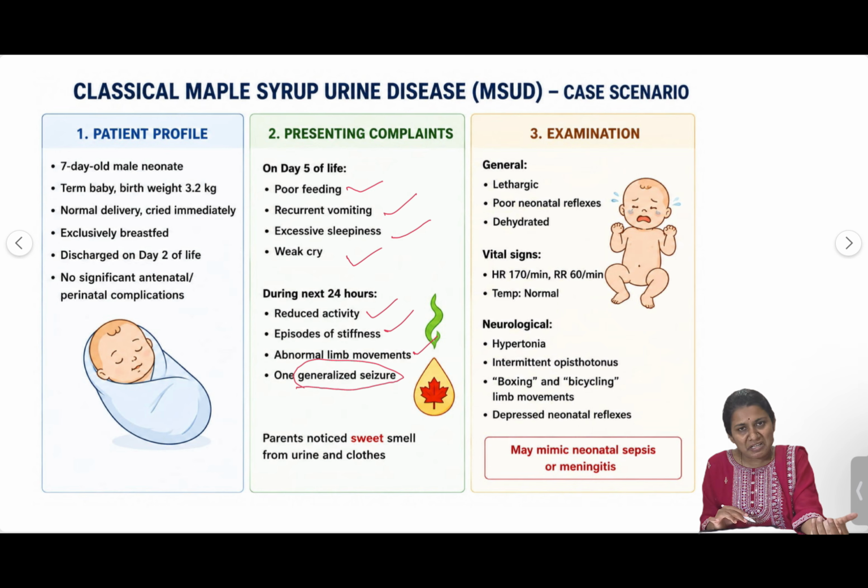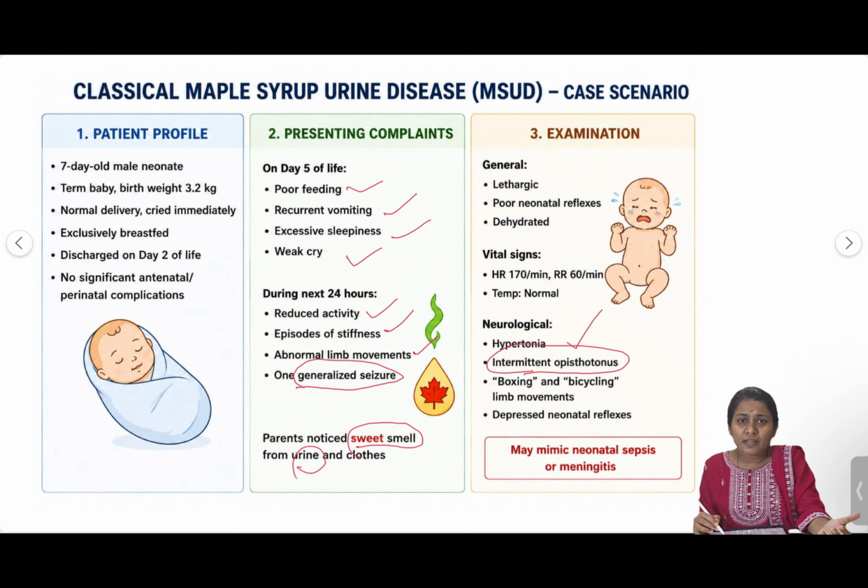By this time, parents also noticed a sweet smell of urine and of earwax. On examination, the baby is lethargic with poor neonatal reflexes. Vitals show mild tachycardia. On neurological examination, there is hypertonia and intermittent opisthotonus position. So this is also important.